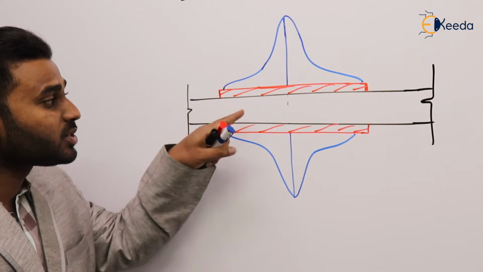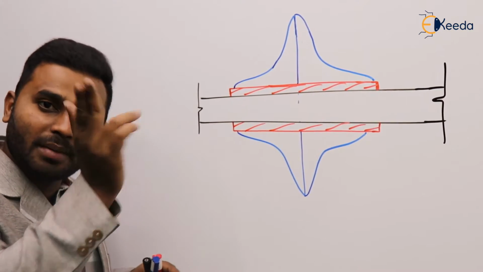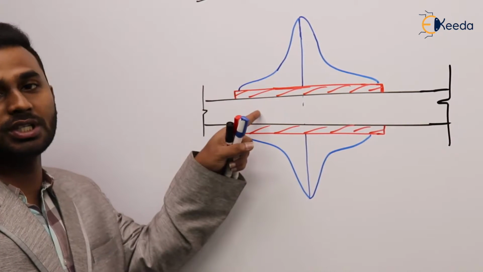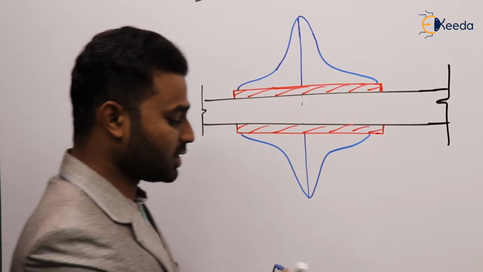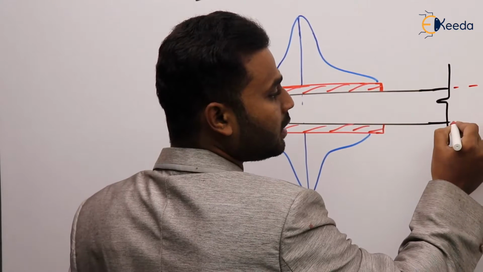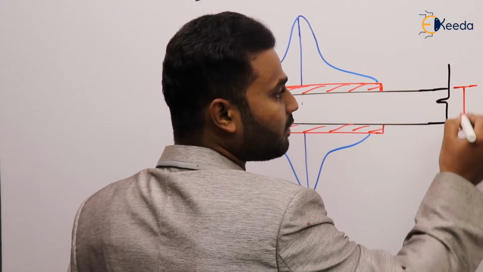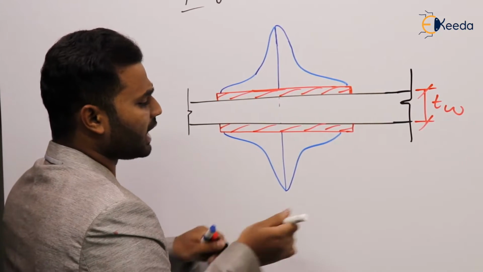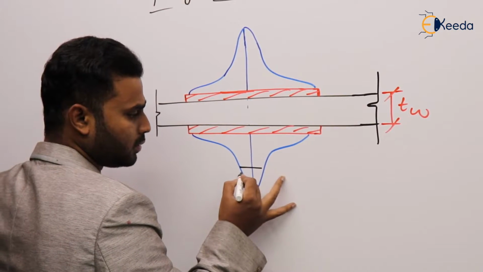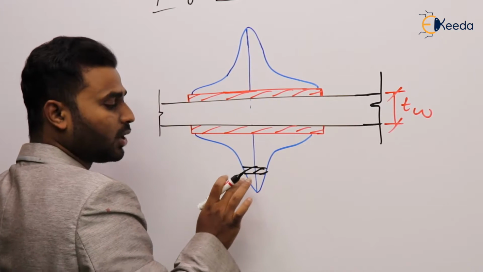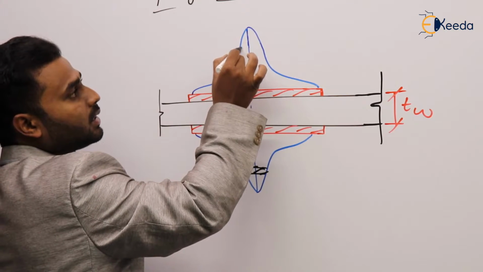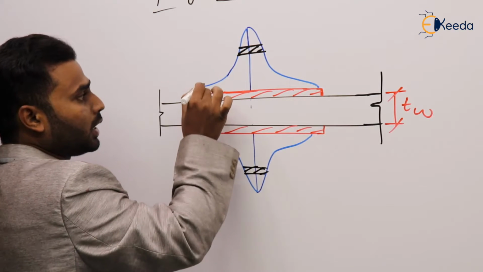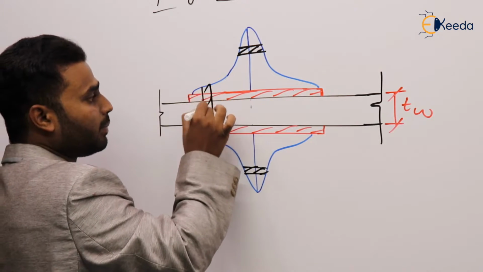So when we observe this view, if we cut the web and then see either from the top or bottom, we are going to see this view. Agree? And if you see the dimensions here, this is the thickness of the web, TW. And obviously we have to provide connections. This is the connection to connect the outstand, and this is the connection to connect the connected leg of the angle to the web.